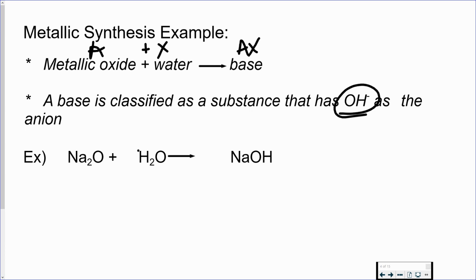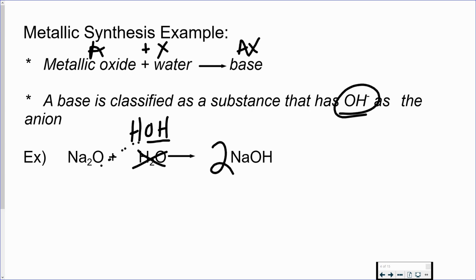What I like to do is, even if I have water written as H2O, I change it to HOH. The reason that I do that is so you can see that there already is one OH, and then we get a second OH right here. So really we have two Nas and two OHs. So how we balance it is we put a 2 here.